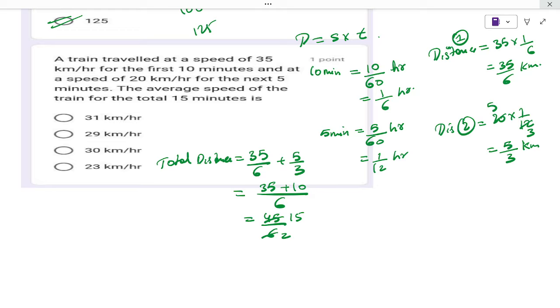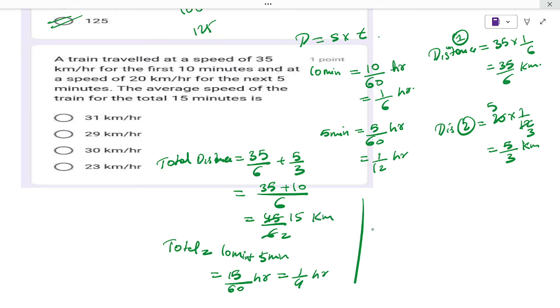Again, total time to kiman ho? 10 minutes plus 5 minutes will give us 15 minutes. Minutes to hour convert korle divided by 60 hobo na hour ni bole. So this will give us what? 1 by 4 hour no? Yes, this is what? Distance to kilometer days. So speed to this na.